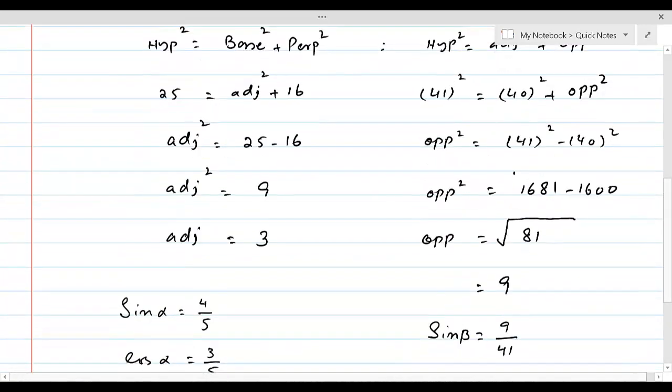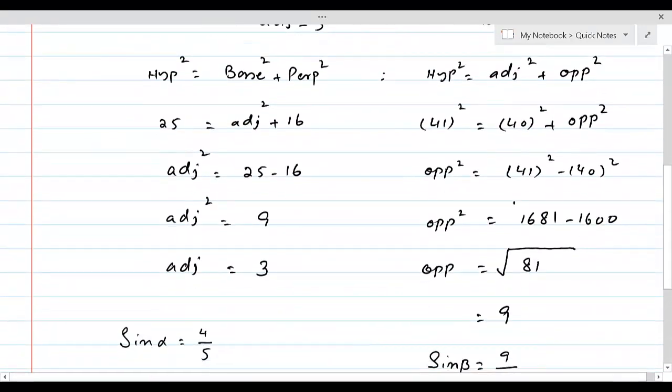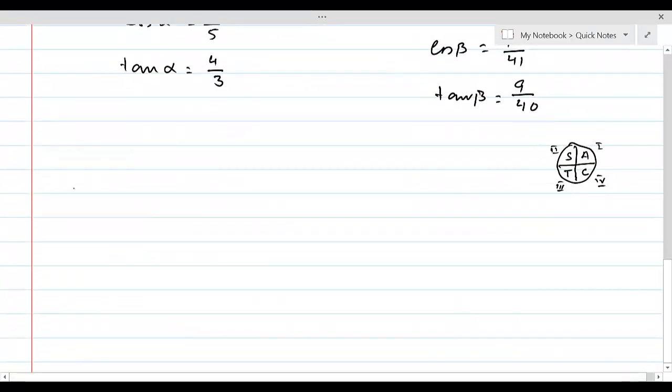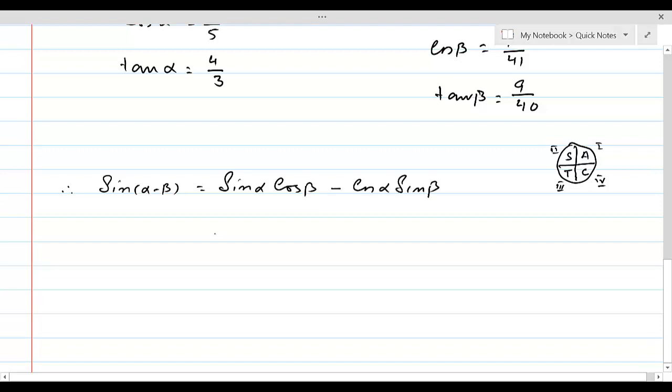So now we can find the value for sine of alpha minus beta. The formula for sine of alpha minus beta is equal to sine alpha cos beta minus cos alpha sine beta, and the value of sine alpha is 4 by 5, times cos beta is 40 over 41, minus 3 over 5 times 9 over 41.